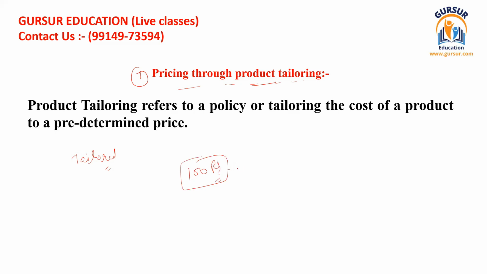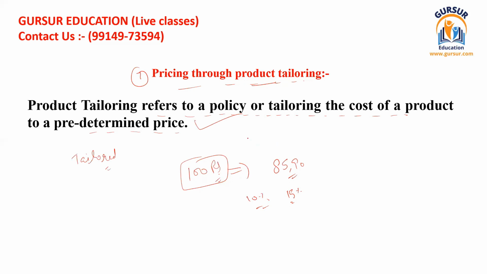That means you have to produce your product for less than 100 rupees, like 85 or 90 rupees, only then will you be able to earn a 10% or 15% return on your investment. So product tailoring refers to a policy of tailoring the cost of a product to a predetermined price. Prices are predetermined, and the cost of production is adjusted on the basis of that predetermined price.